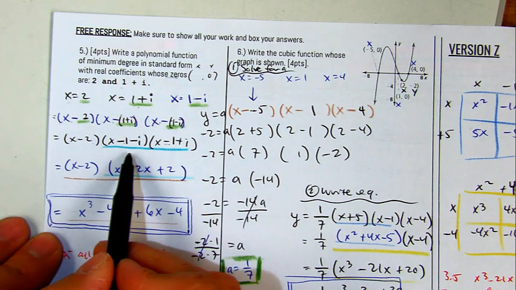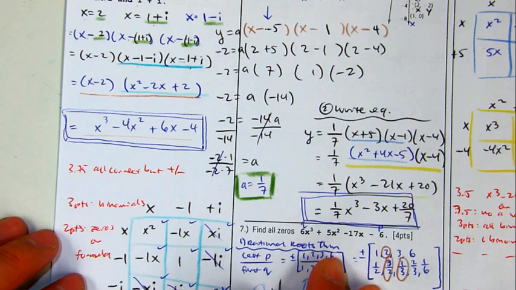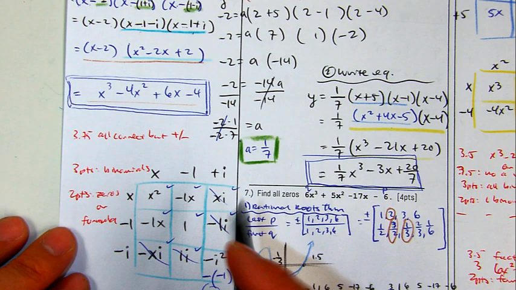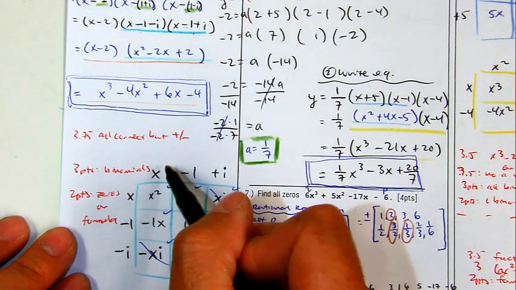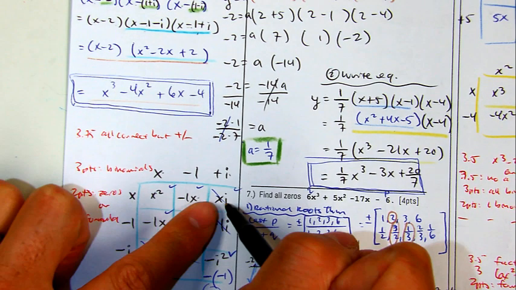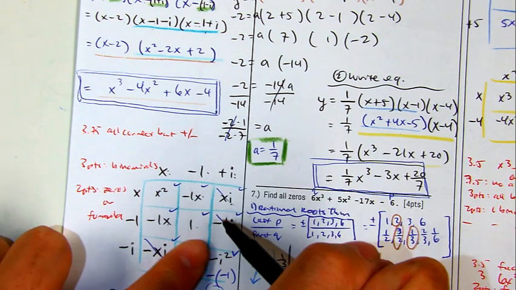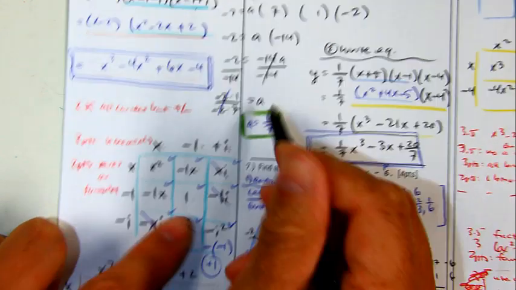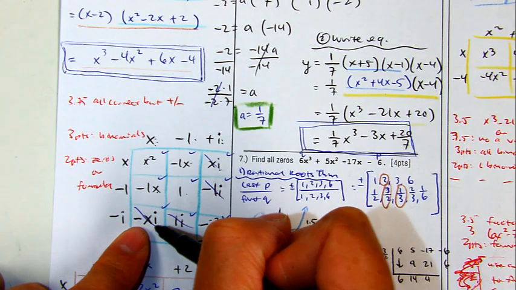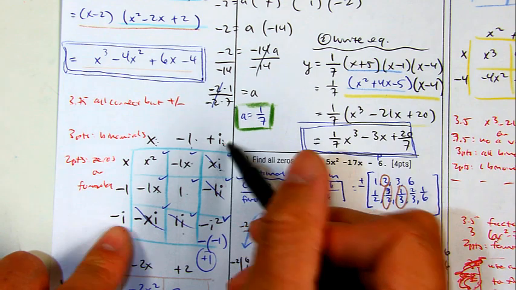I decided to multiply the blues first. Let's see if I can find that down here. Multiply: -1x, xi, positive xi, -1x, positive 1, -1i, negative xi, positive 1i, and then negative i squared.